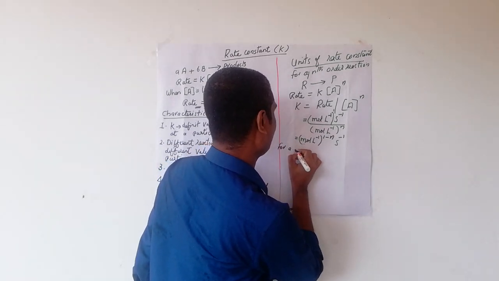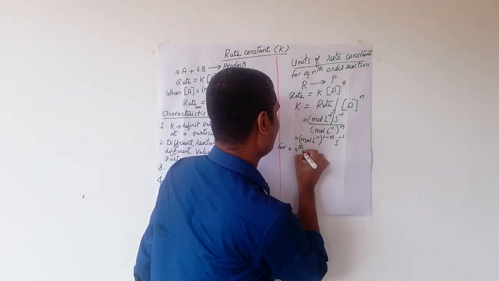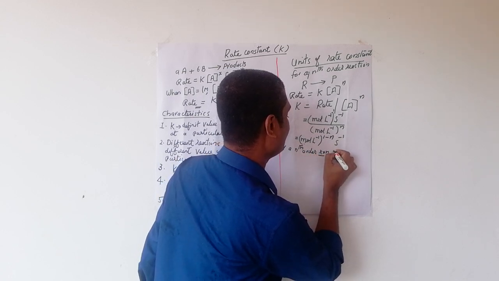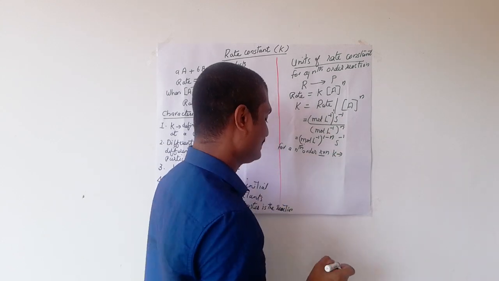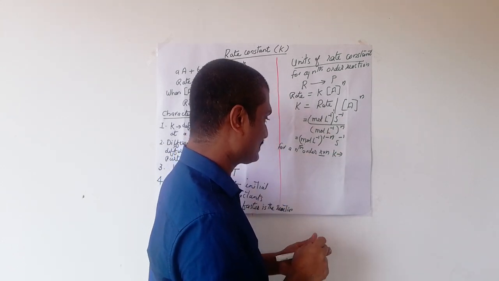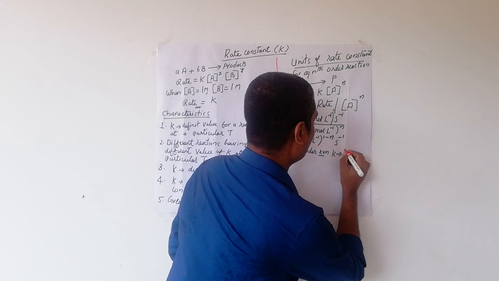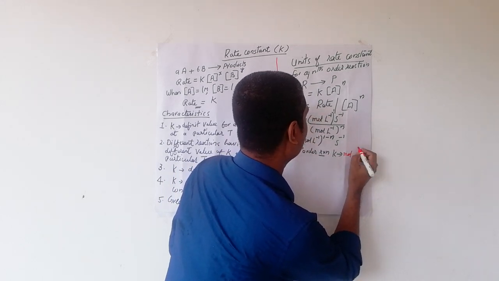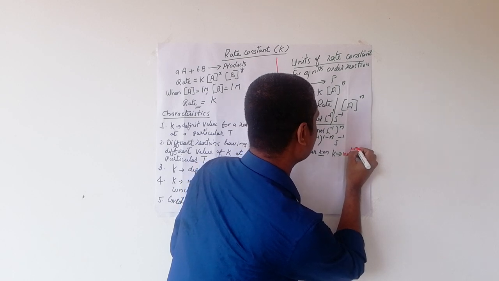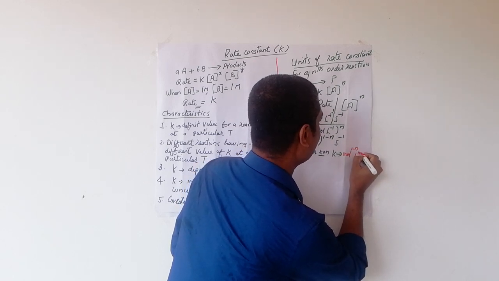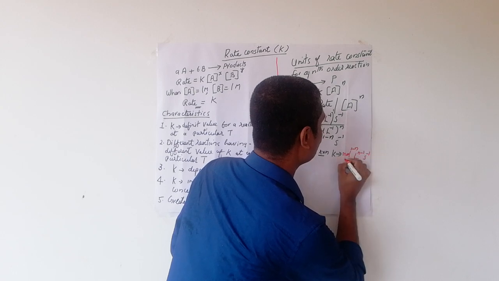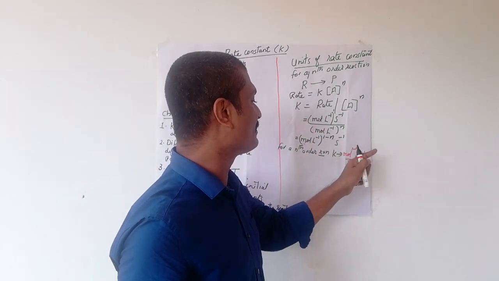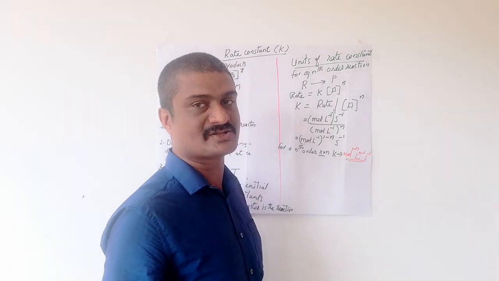Then for the nth order reaction, the unit of K is mol raised to 1 minus n, liter raised to n minus 1, second raised to minus 1.